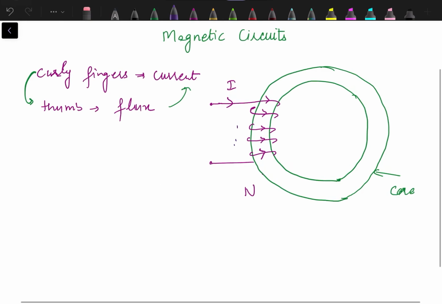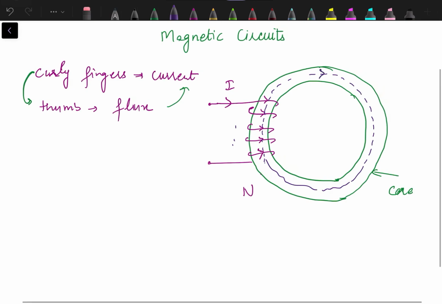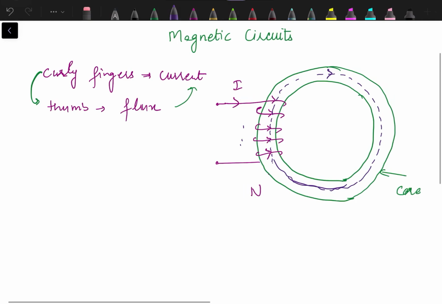Since this is a magnetic path, flux will remain confined to this magnetic path like this. So flux phi. Now this flux phi is produced only when current is flowing through a coil which is having N number of turns. If N is 0 then there is no flux. If current is 0 then there is no flux.